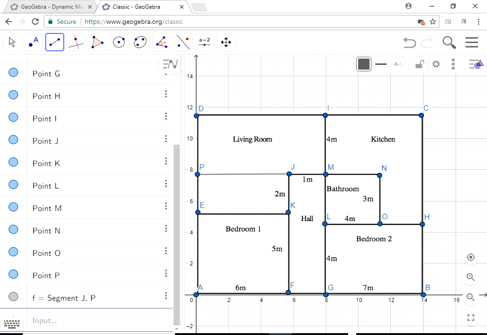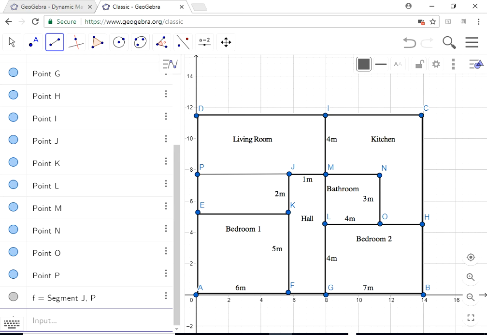With that, we are going to take what we know about D to I, where the total distance from D to I is 14, and the kitchen is 7 meters, so that makes D to I 7 meters.